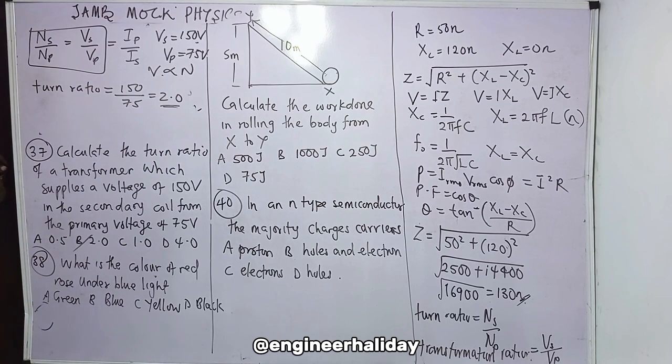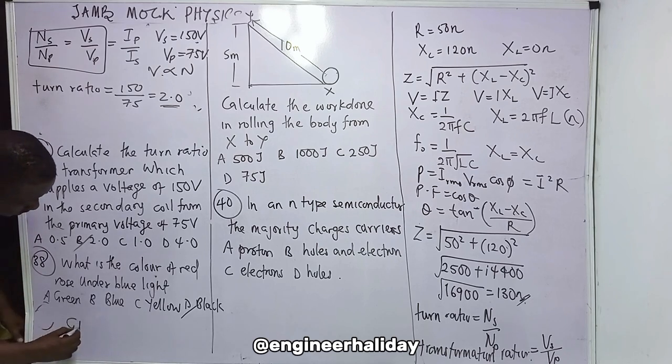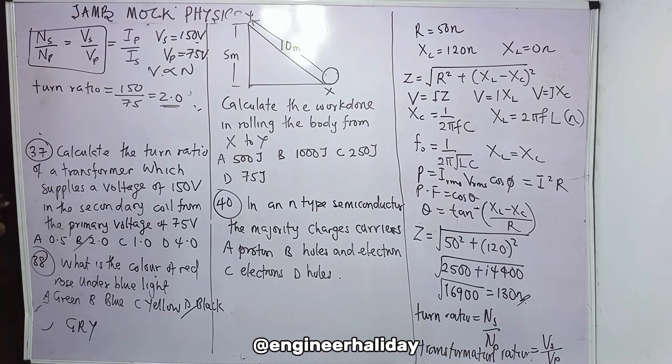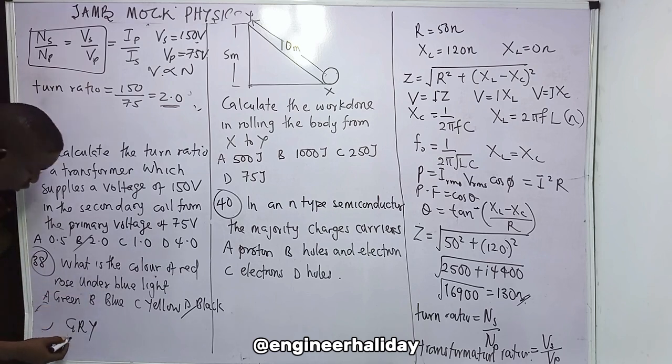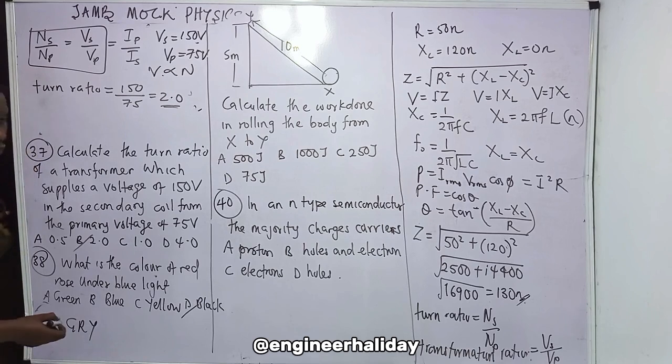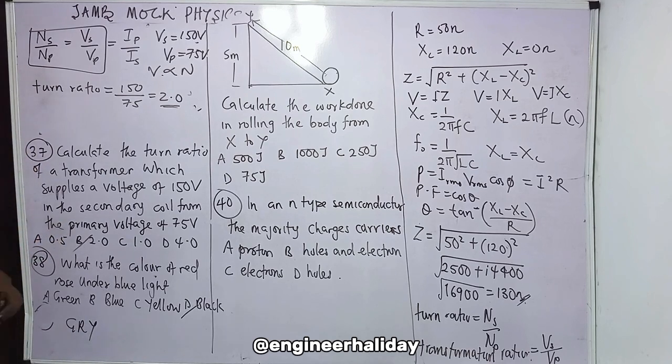That one is done. What is the color of a red rose under blue light? It will be black. So anytime you have a mismatched color of light, maybe red exposed to blue light, it will be black. Green light exposed to blue light will be black. But if it's exposed to yellow light, for example, what happens, according to the color mixture, is that you reflect your color and absorb what you don't want.